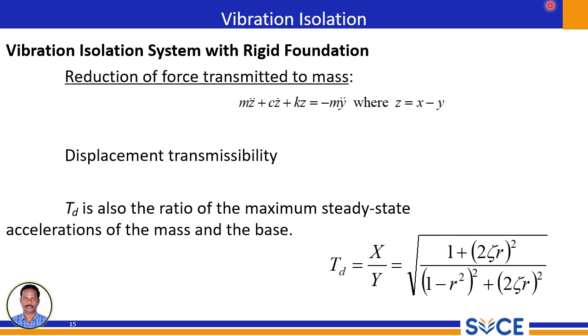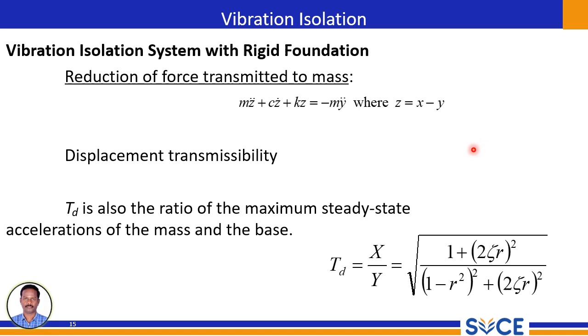The key concept here is displacement transmissibility, denoted by T_d. It is defined as the ratio of the amplitude of the mass displacement to the amplitude of the base displacement. Displacement transmissibility tells us how much the mass displacement is amplified or attenuated relative to the base displacement.